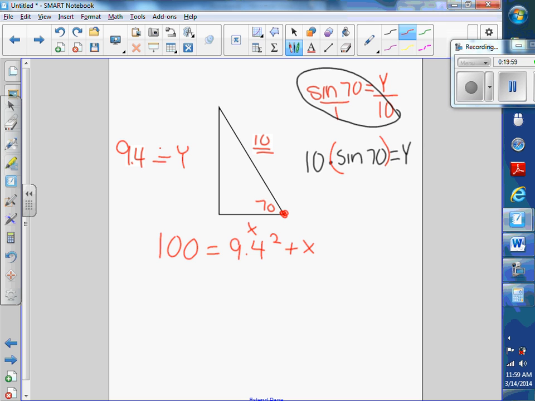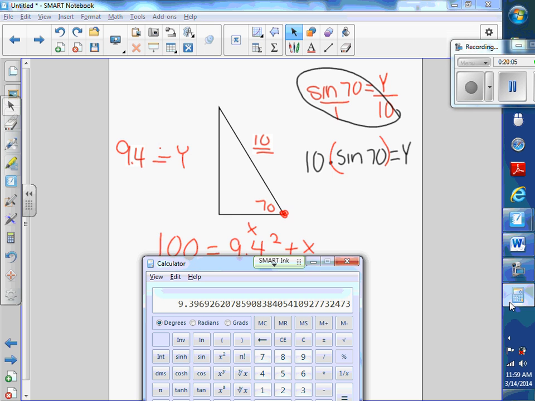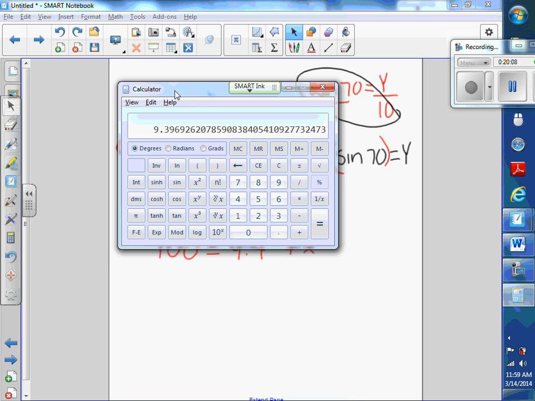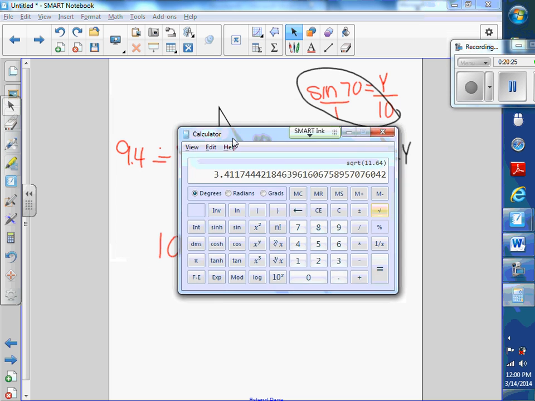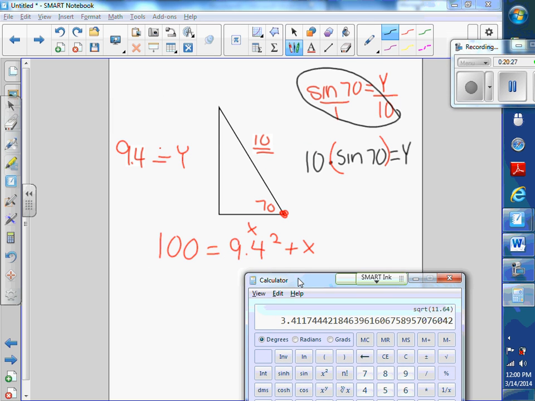I would have to subtract 9.4 squared from 100, right? 100 minus 88.36, I'm rounding, right? Then square root it. So about 3.4. You guys agree with that?